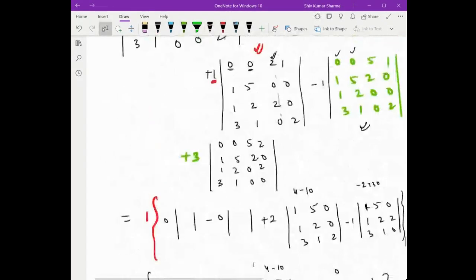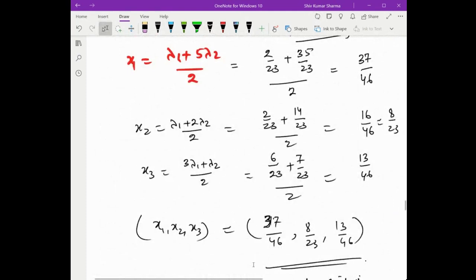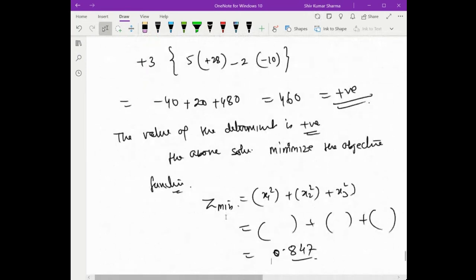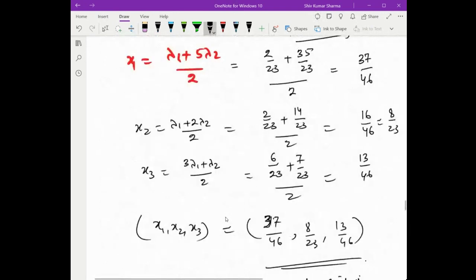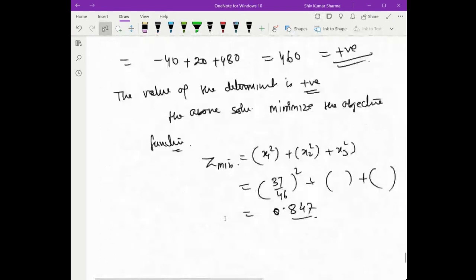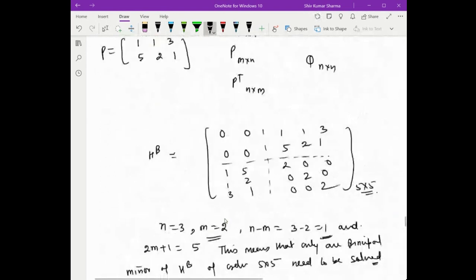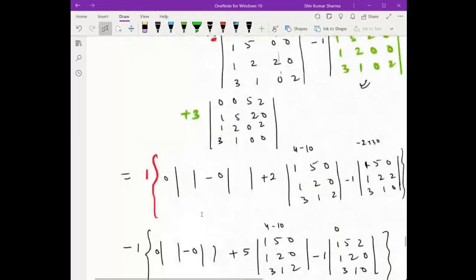So we have the value of x1 as 37 upon 46 to the square, and x2 is 8 upon 23, and x3 is 13 upon 46.